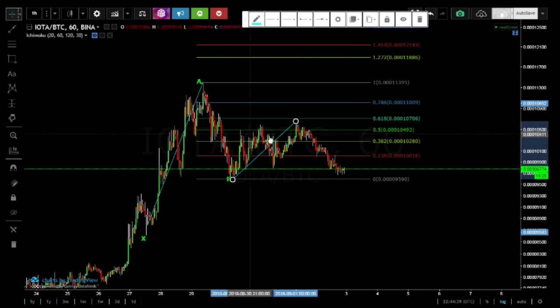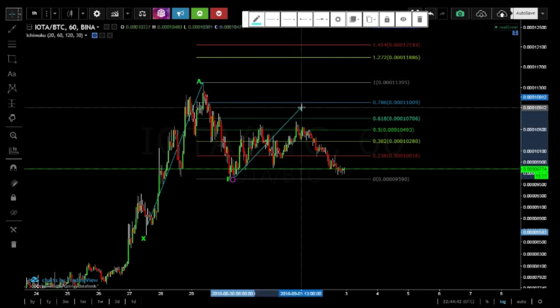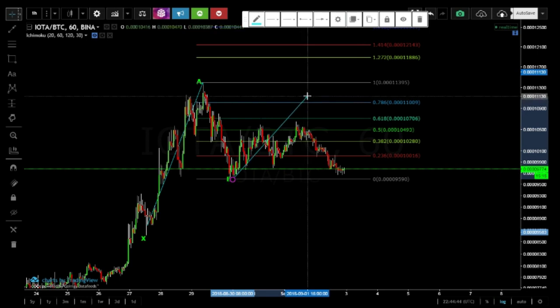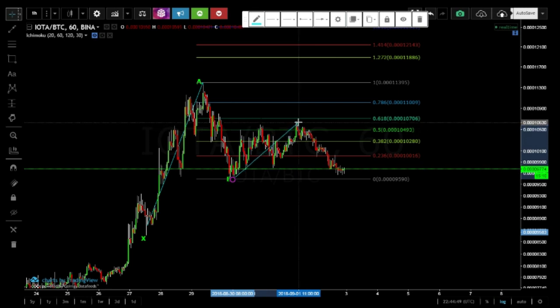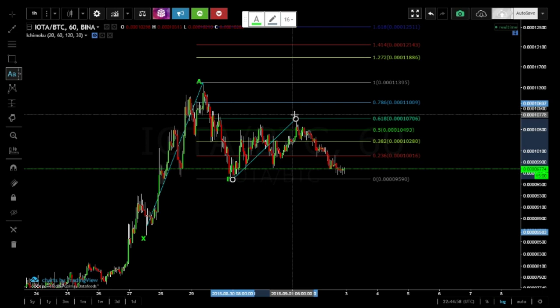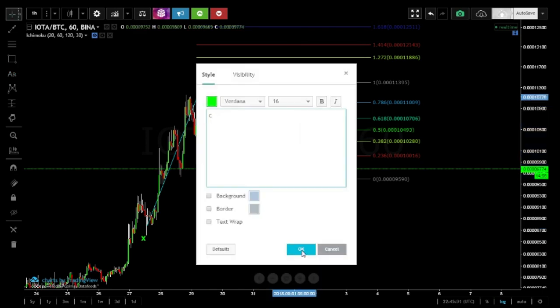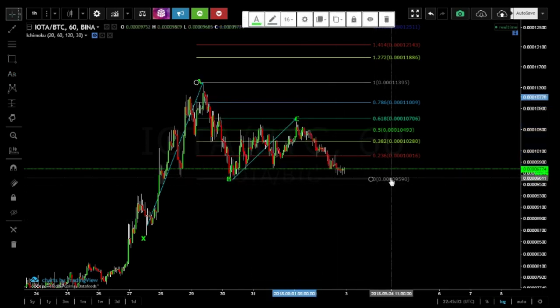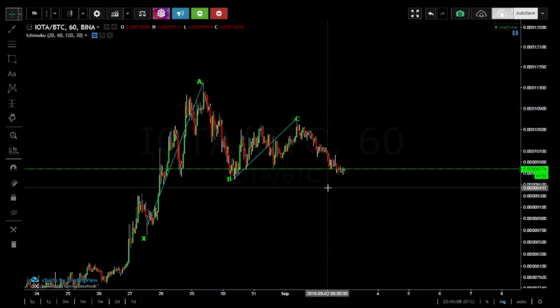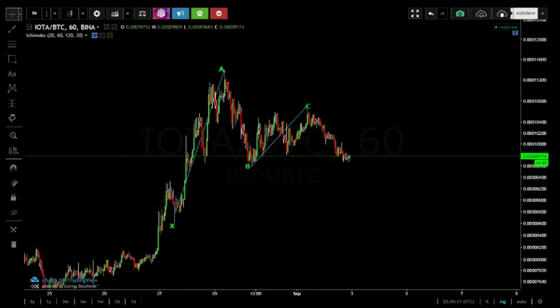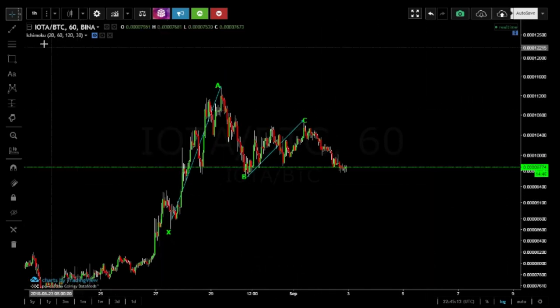Like I said, price should not close above the 0.786, but it should range within the 0.618 up to the 0.786. So at this point we have our C leg. Now for the last leg, which is yet to be completed, we're looking out for that.